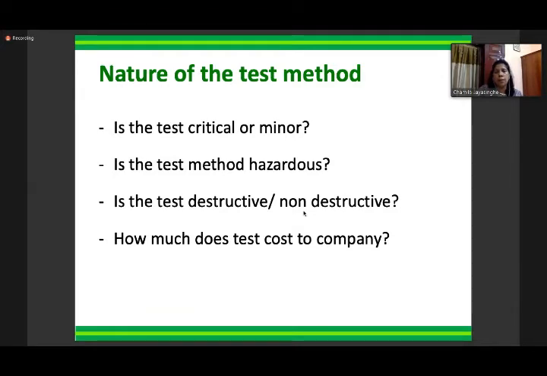So the last point is, how much does the test cost the company? That is important. Actually in our case, even if we don't have the facilities to analyze the sample, we want to send the sample to other companies or testing companies. At that time, we search the prices of many companies and see which company's price is lowest, then we send our sample to that company to get the analysis.